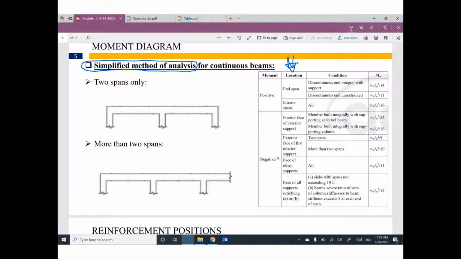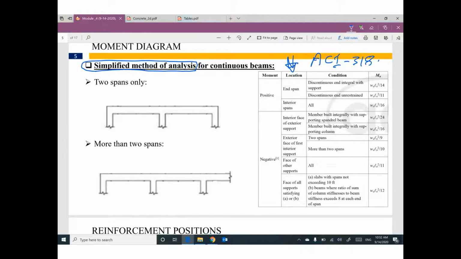We don't have software, so we need to figure out these values of moment in a very simple way. ACI can help you. Without going through this table, I'm gonna summarize all of this information.